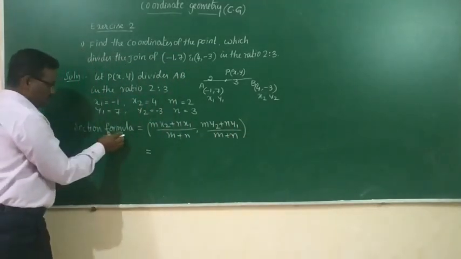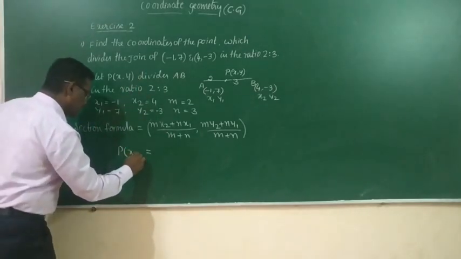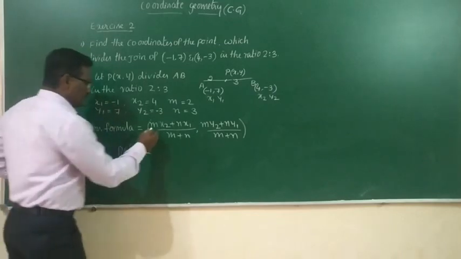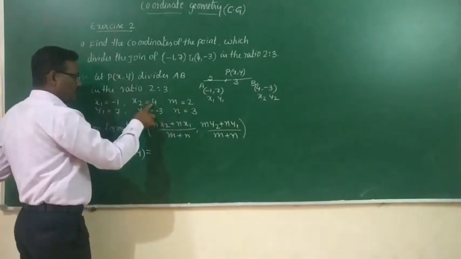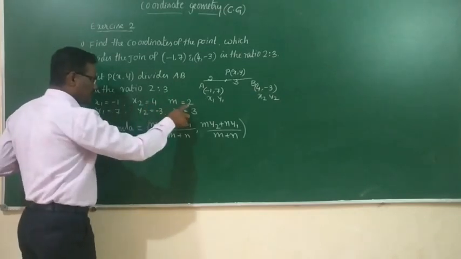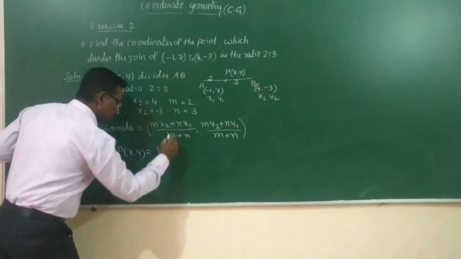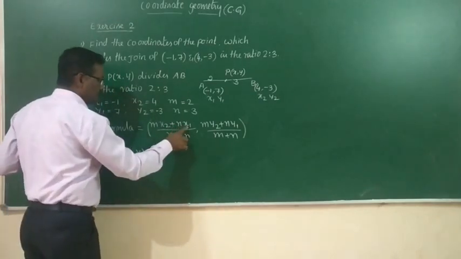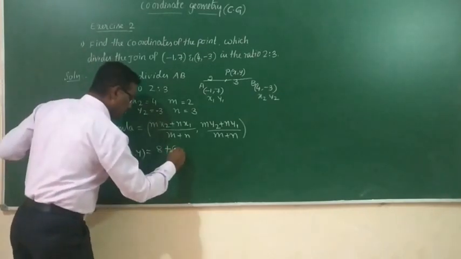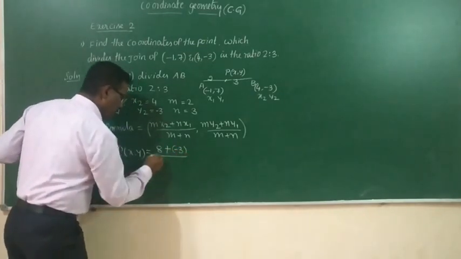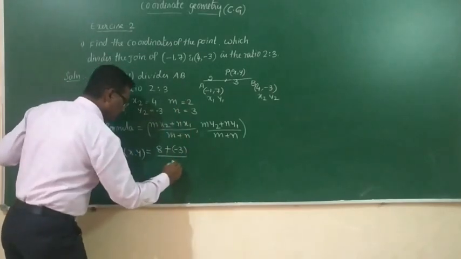By using section formula, we can find section point, where section point is P of x comma y. mx2, where m is 2, x2 is 4, 2 into 4, 8, plus nx1, 3 into minus 1, minus 3, by m plus n, 2 plus 3, 5.